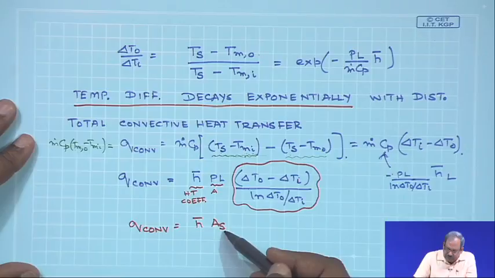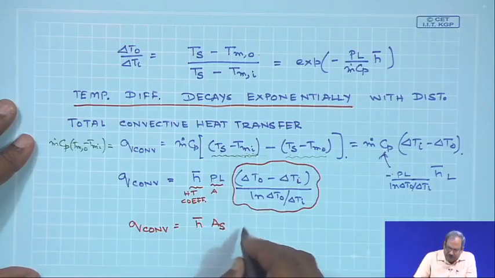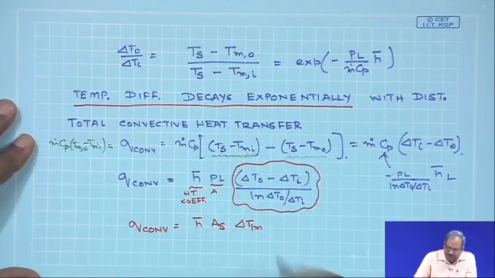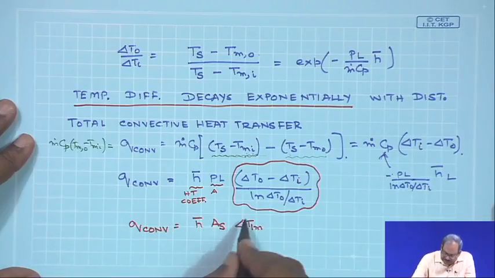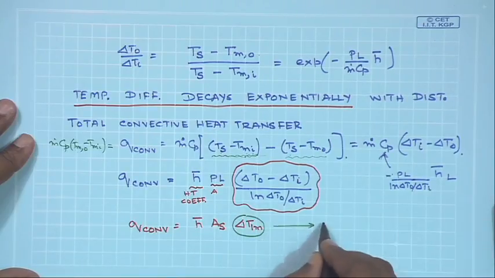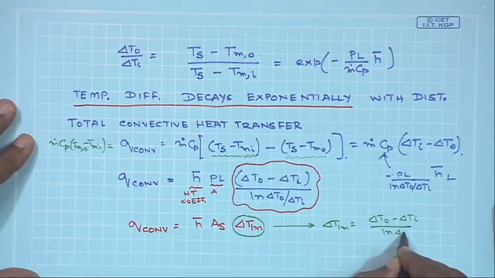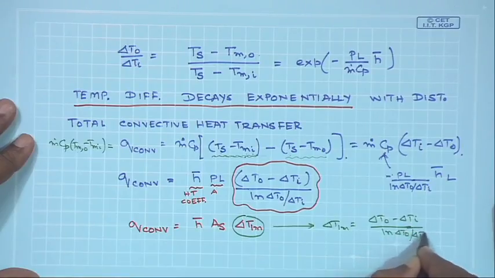For a circular tube A S is simply equal to P into L, and I call this delta T L M. Now, what is this delta T L M? My delta T L M is delta T 0 minus delta T I by ln delta T 0 by delta T I.